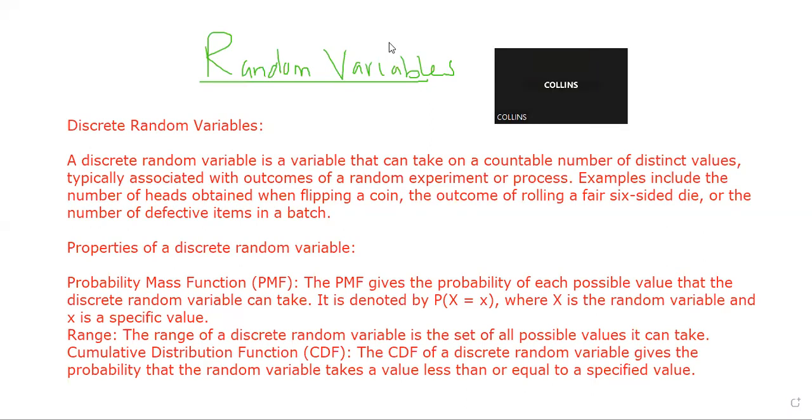Okay, so there are several properties that we look at when dealing with discrete random variables. They follow what we call a probability mass function, which gives you the probability of each value of the outcome.